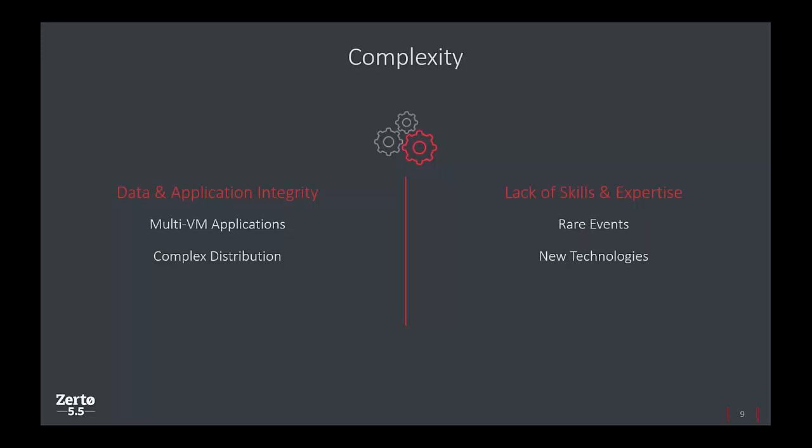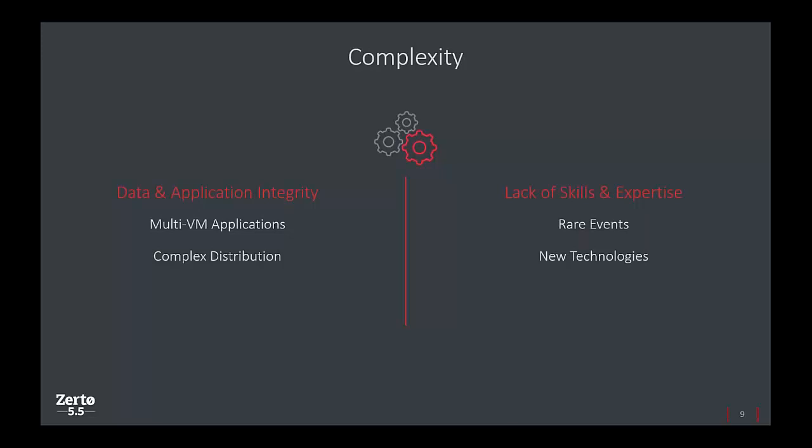Migrating those applications, particularly when they're spread out like that, can be extremely risky. You've got a lot of potential for data loss if all of the individual VMs that make up that application aren't replicated in sync. Similarly, you've got an awful lot of opportunities for corruption at the other end when you look to bring these back up as well.